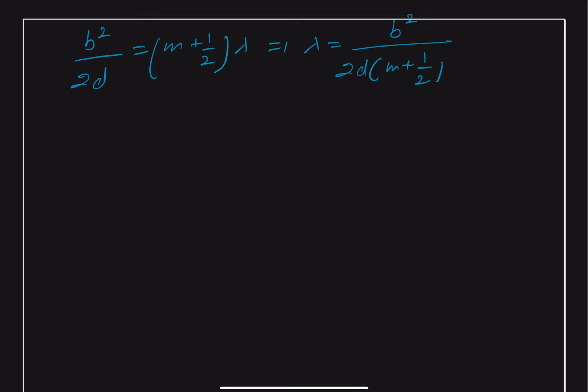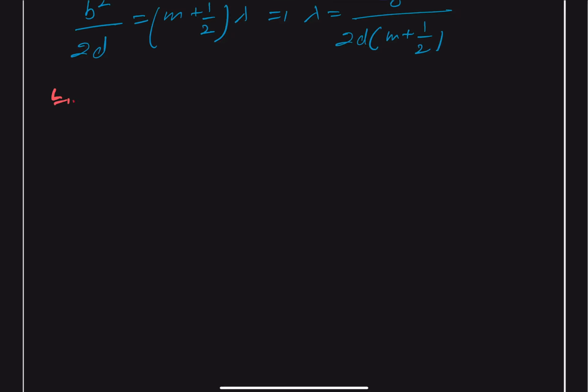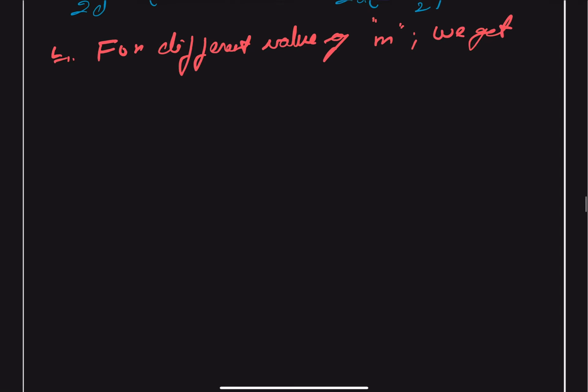We can take various values of m and find out what the missing wavelengths will be. For different values of m, we get different missing wavelengths.